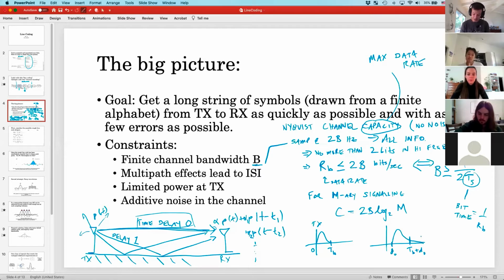So how long this tail is and how important the tail is a measure of the multipath effect. And what it's called in the biz is inter-symbol interference.